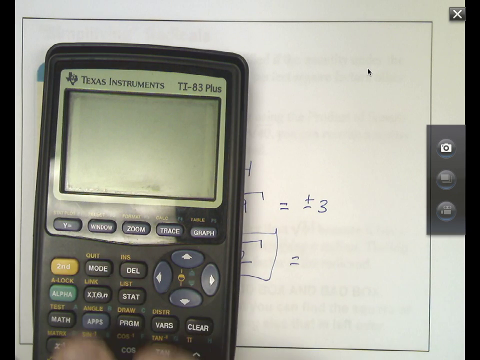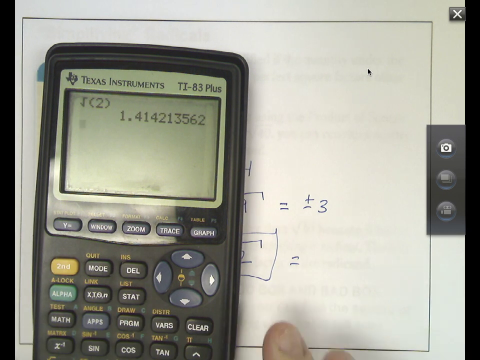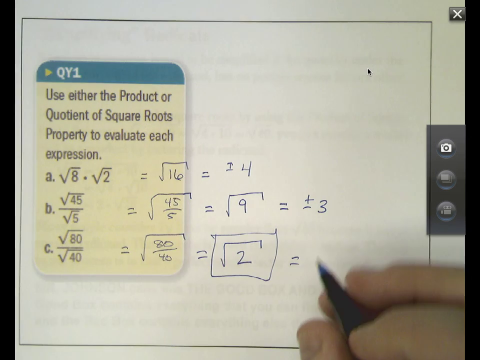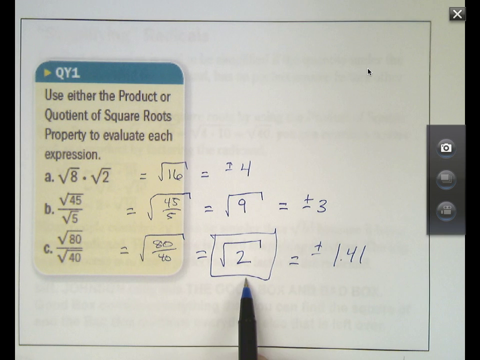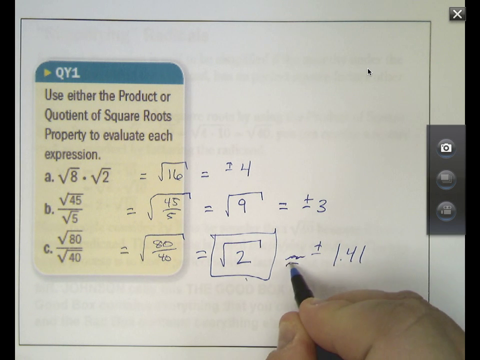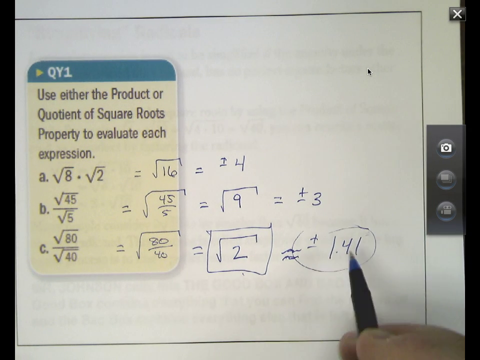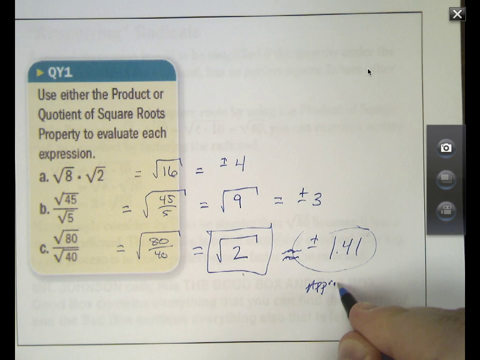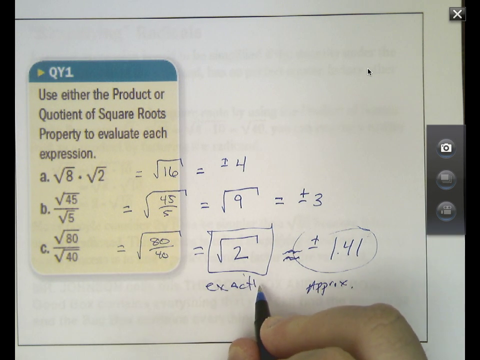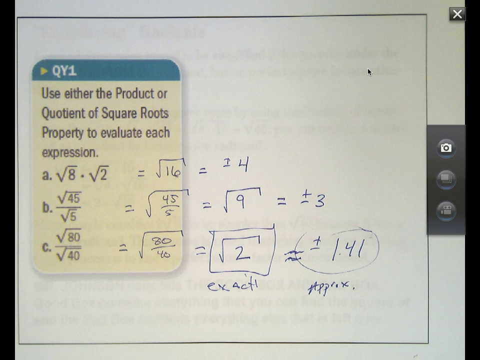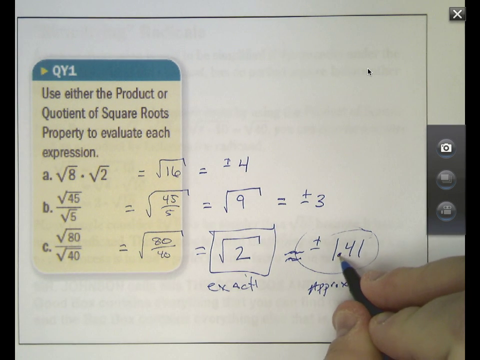If I pull out my calculator here, square root of 2 is 1.41 if I round it, so we could say plus or minus 1.41. Okay? Exact answer, this is our approximate answer. Please remember that from previous lessons. Exact answer and approximate answer.